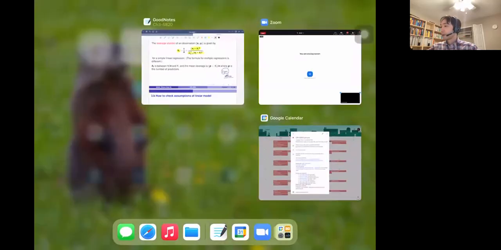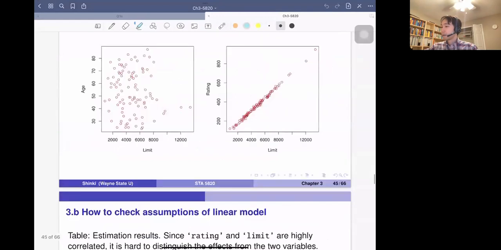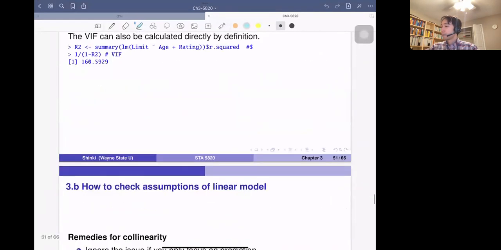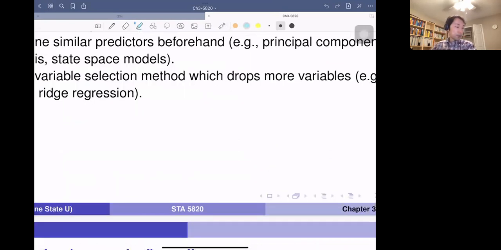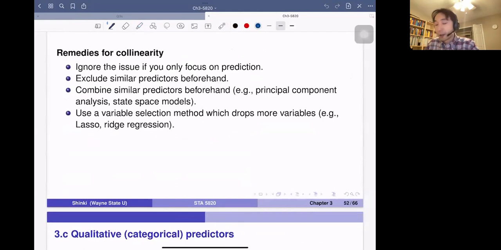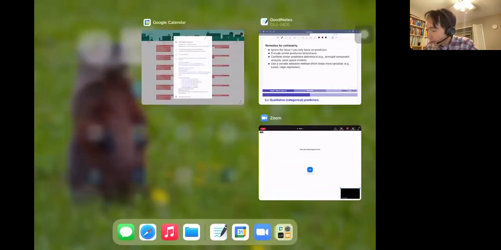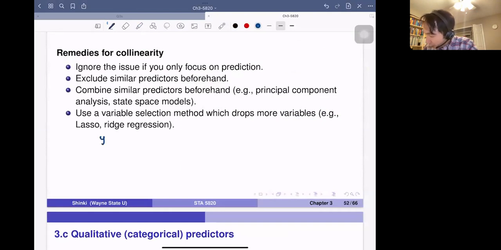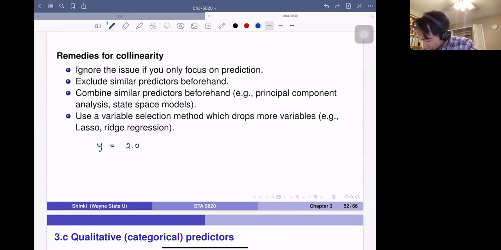So for example, think about two estimations of one linear regression. We fit Y on something. One estimation is maybe Y equals 2.0 plus 3.1 times x1 plus 1.9 times x2 plus epsilon.